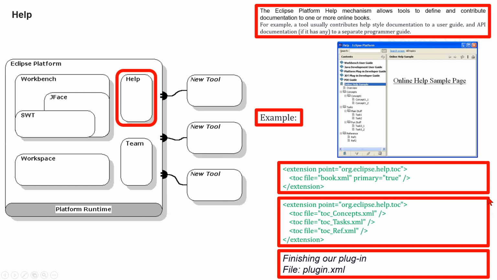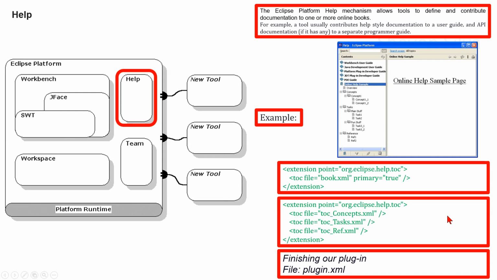Start with updating the plugin.xml to contribute our book. The important thing here is to define the table of contents as primary. And next we contribute the section TOC files, and the important thing here is that primary is not set, so its default value false gets picked up.